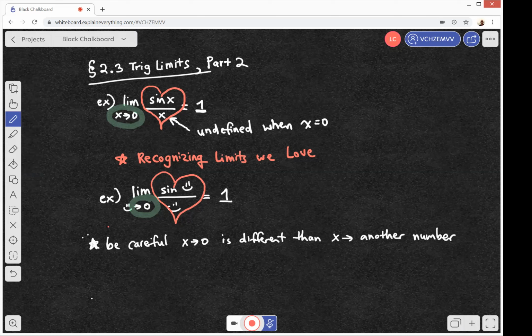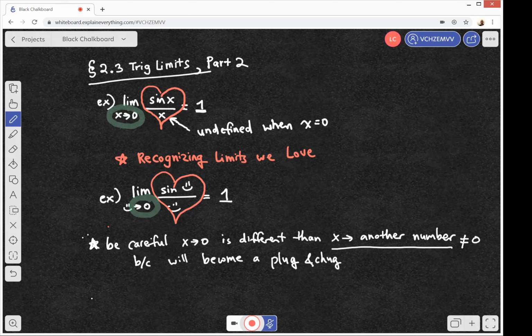And this other number, be careful, x approaches 0 is different than x approaches another number not equal to 0, because it will become a plug and chug problem. So if you get a number besides 0, you'll turn this into a plug and chug problem.